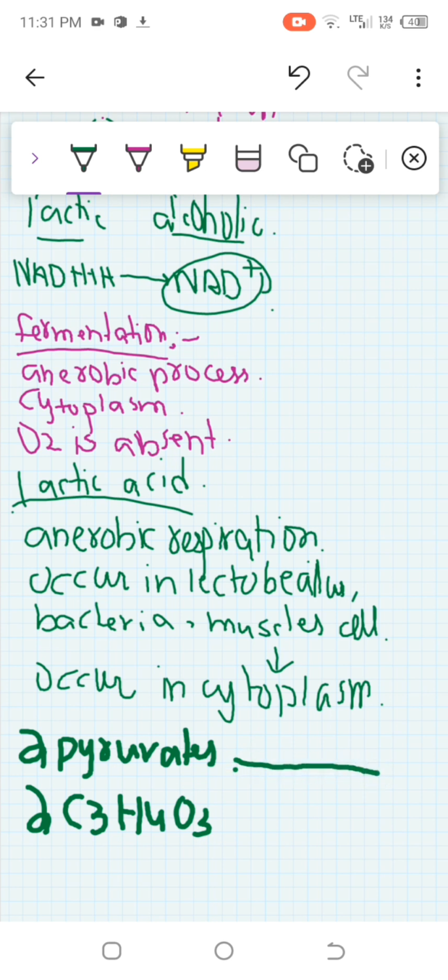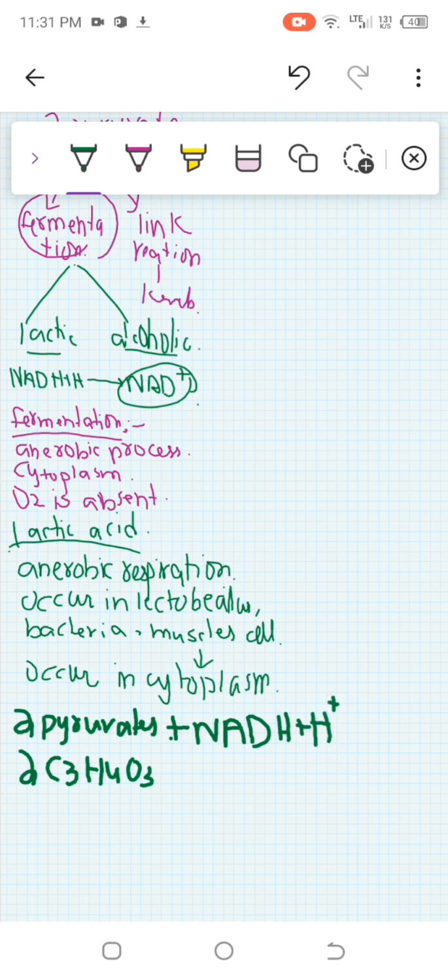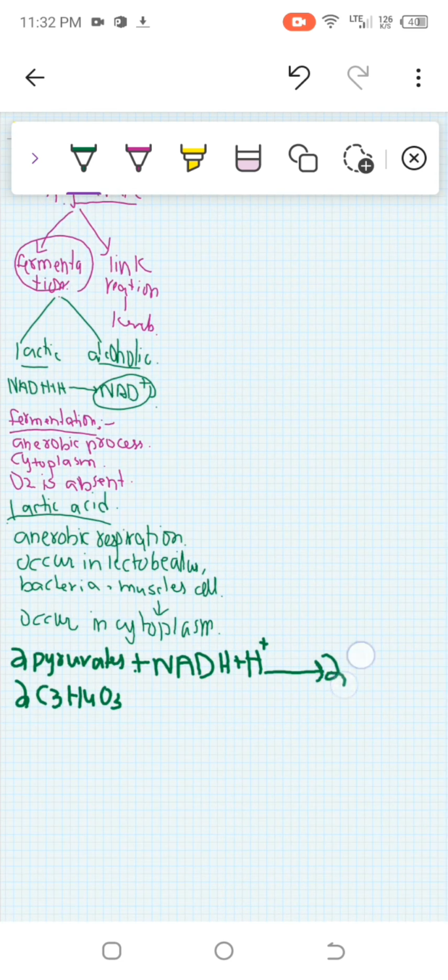With the help of NADH plus H plus, it will be converted into two molecules of C3H6O3 plus 2 NAD plus.